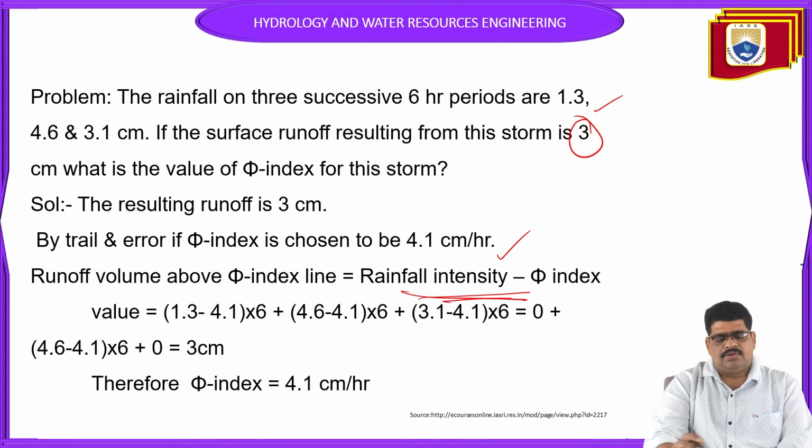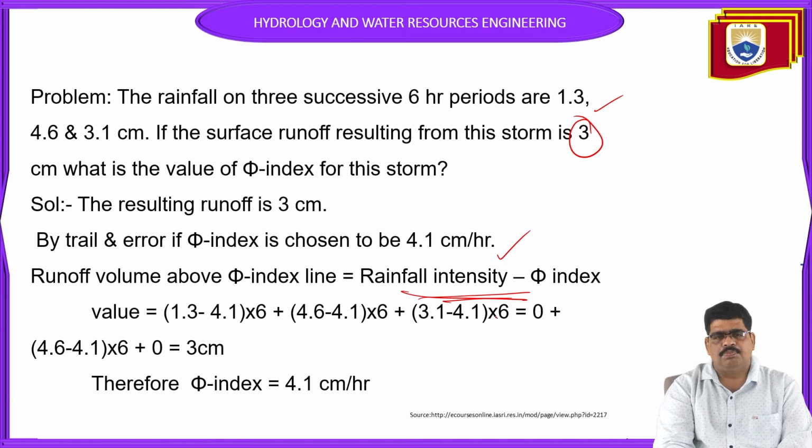So here, P minus R by T, that is equal to 1 by 6 into (4.6 minus 4.1) into 6, plus (3.1 minus 4.1) into 6. Why are we multiplying by 6? Because the period is given as 6 hours.